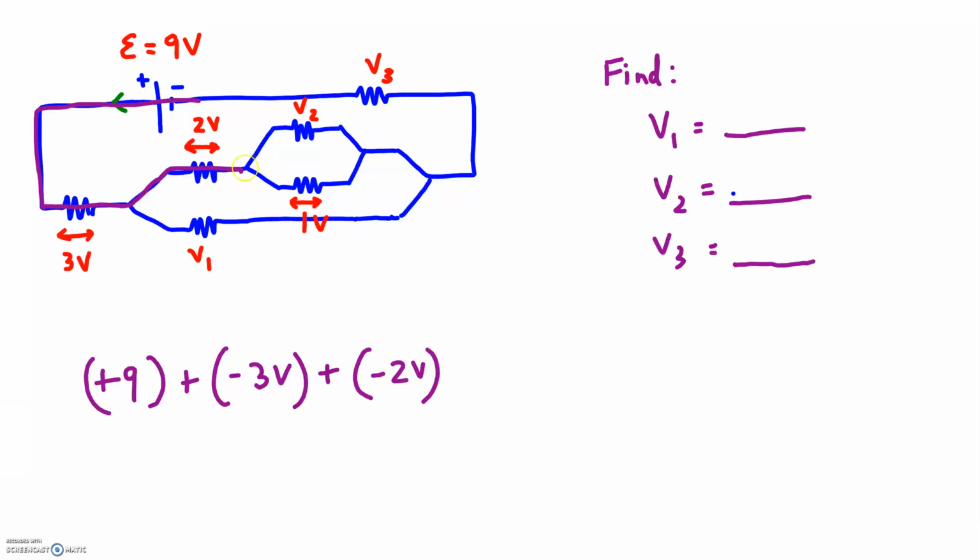We're moving the correct way through that resistor, so again we lose energy, we lose potential difference. Then perhaps we go down through the 1 volt, and this is another spot where charges are losing potential difference, losing energy. And we continue through the circuit, and then we get to V3 where they lose their final amount of energy.